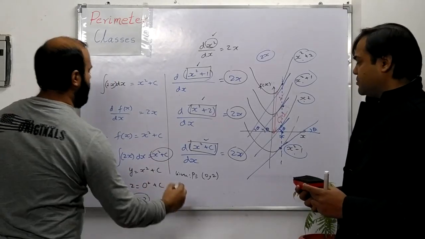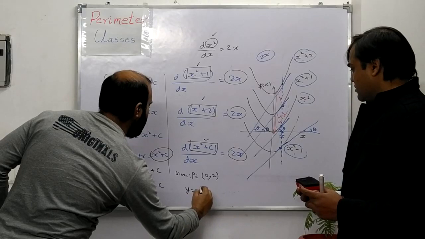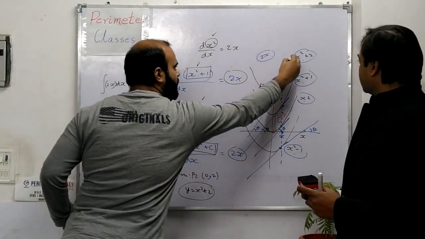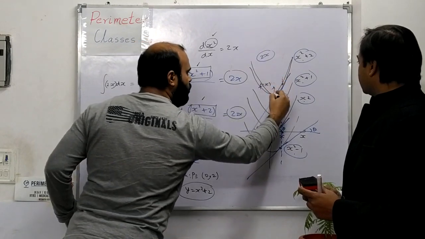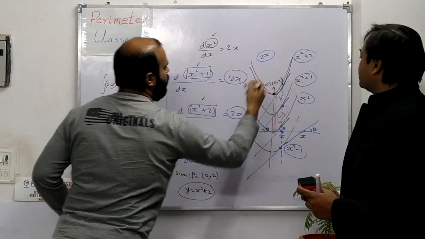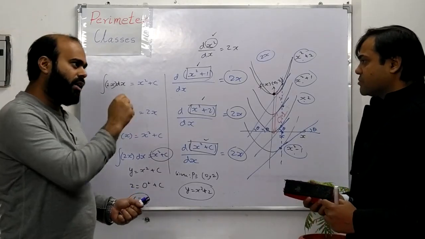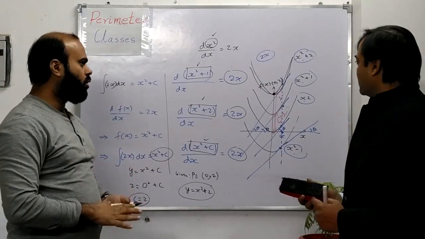So the function is y equal to x square plus 2. The graph we have to accept here is this one, because it is passing through the point (0, 2). So we need some extra condition to exactly find which curve we are talking about.